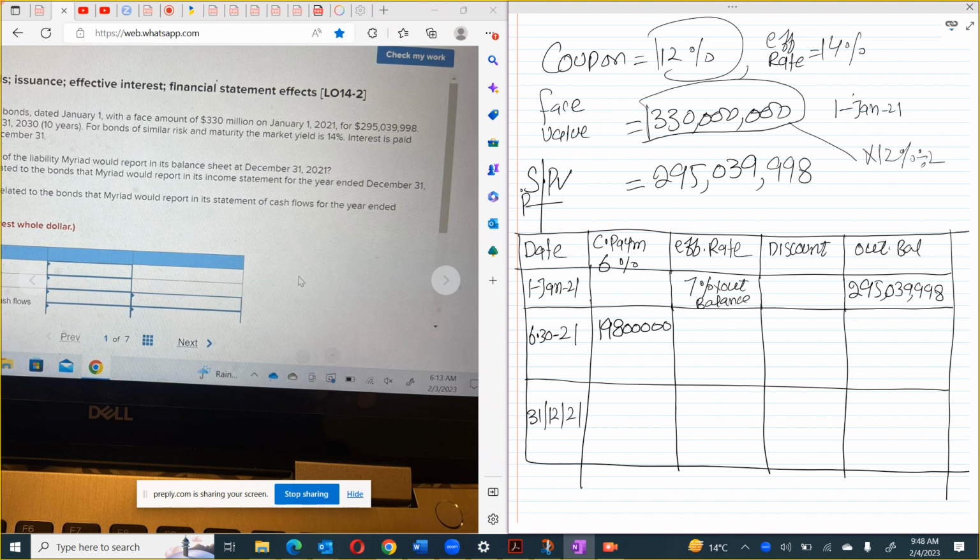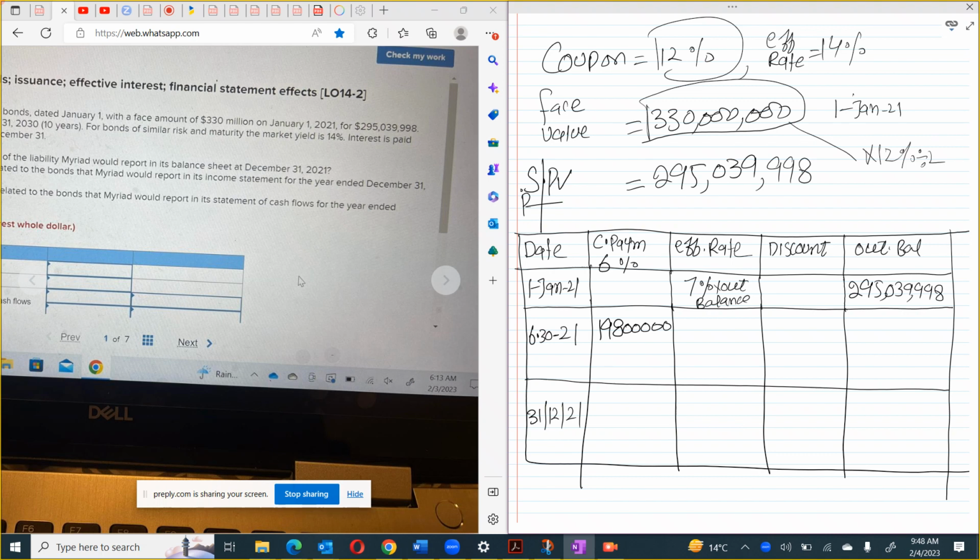Now calculate the present value of principal and present value of interest. Remember, for the present value you will use the market yield, the market interest rate. Can you calculate the present value of interest for me, so that I can know whether you have got it or not?